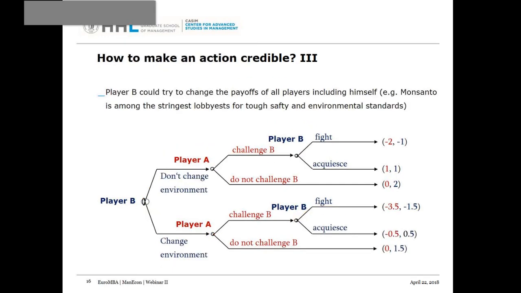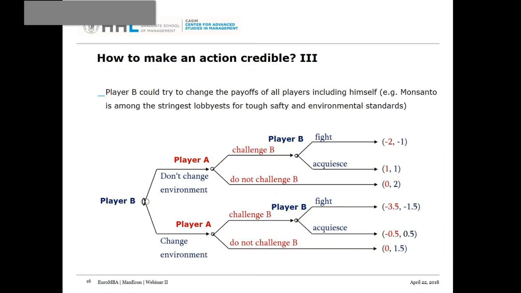Another example of changing the game is a way of changing payoffs for all the players. The idea is that in some cases players can change the payoffs of their own and others, but for their own, the impact of the cost change is less severe than for others. What could be the situation?